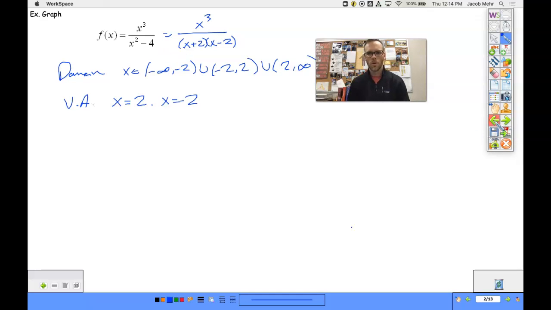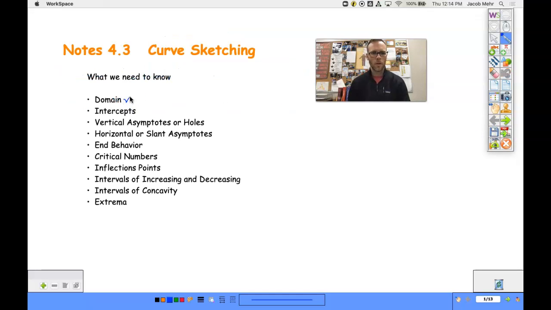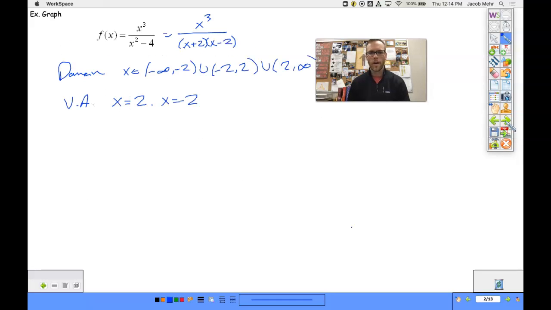All right, so looking back at my list, we've talked about domain. Might as well grab x and y intercepts while we're at it. X-intercept. Remember, in any function, the x-intercept is the value of x that makes it equal to 0. And where is a fraction equal to 0? Only where its numerator is 0.